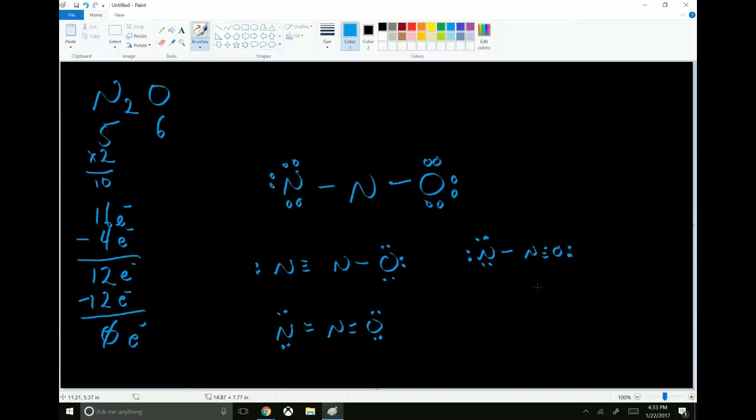This is a little bit more difficult to figure out, but we will eventually discover the reason for it. It is this structure here. Let's go ahead and not cover up the non-bonding pairs. And why is it that structure? We'll get to that a little bit later when we start talking about formal charges.